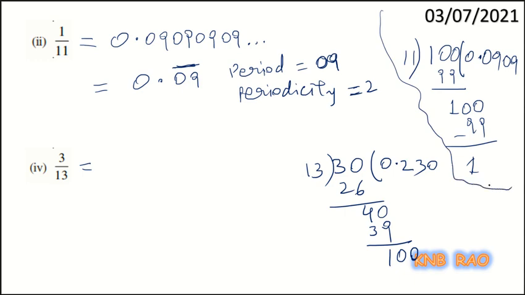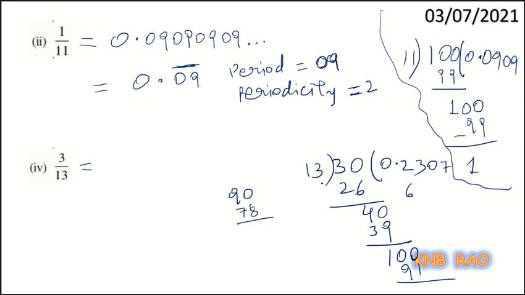So, now it is 13 sevens is 91, where the difference gives you 9. So, first time 0 I have taken, it becomes 90. 13 sixes is 78.